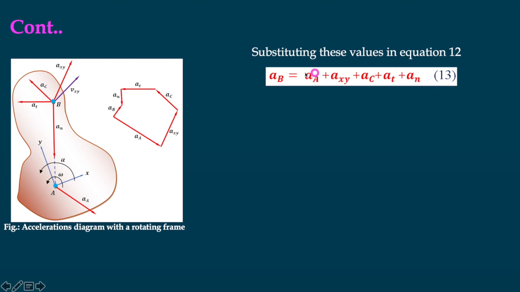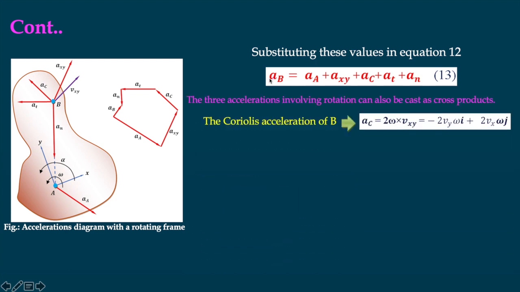These are the five terms, and this equation is the very well known five-term acceleration equation. Now AC, as I already mentioned, is a function of omega. The Coriolis component of acceleration is a function of omega.